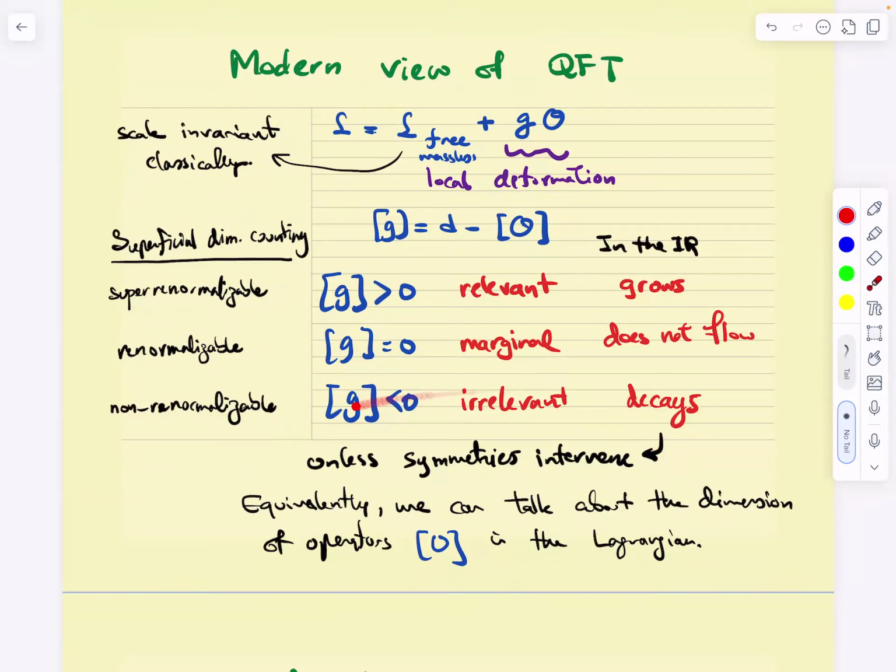There is a little comment here that it's possible that symmetries intervene and forbid certain behavior, decay. For example, the decaying term, this is the generic behavior, but the coefficient of the decaying term might be 0 because of some symmetry. We're going to talk about the connection between renormalization and symmetries.